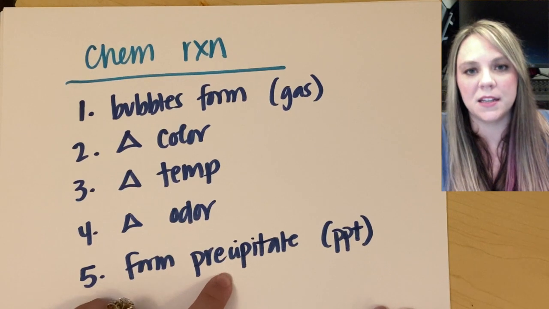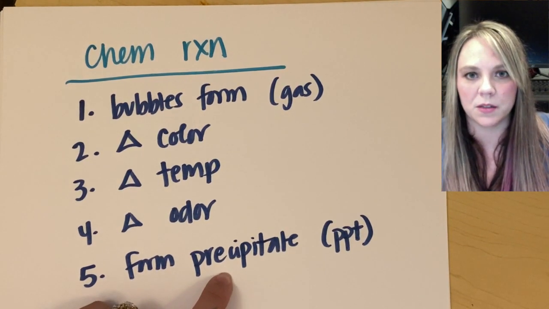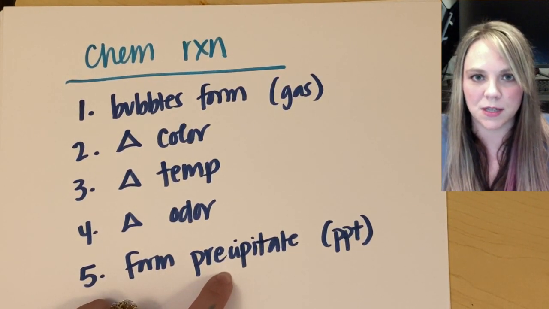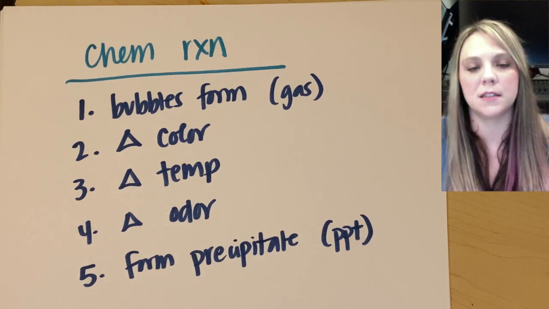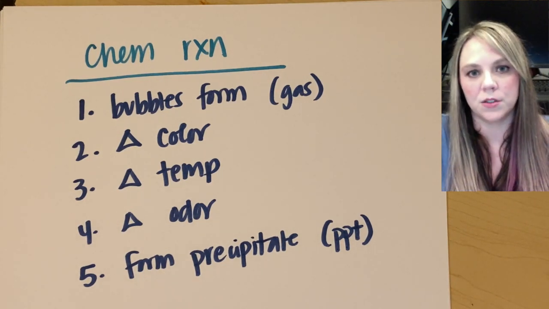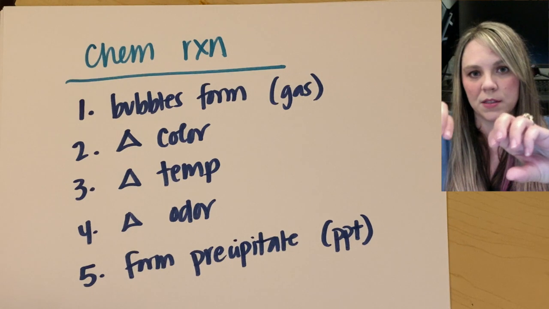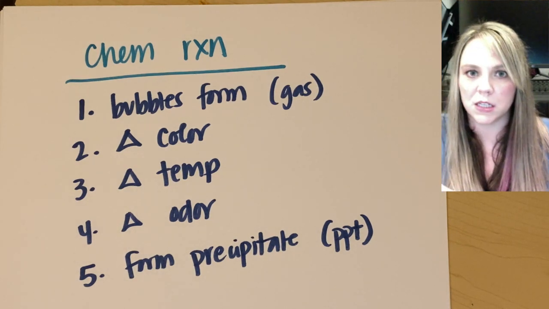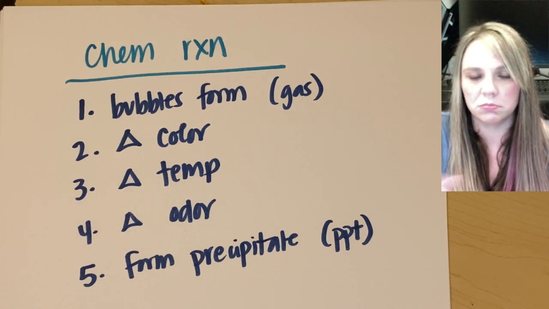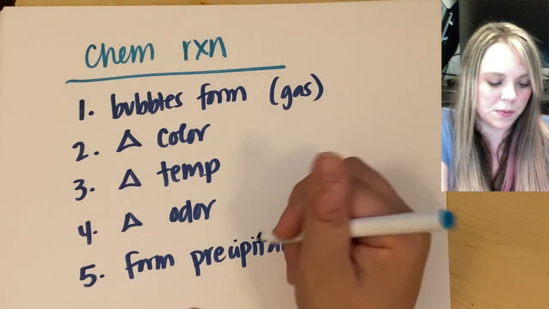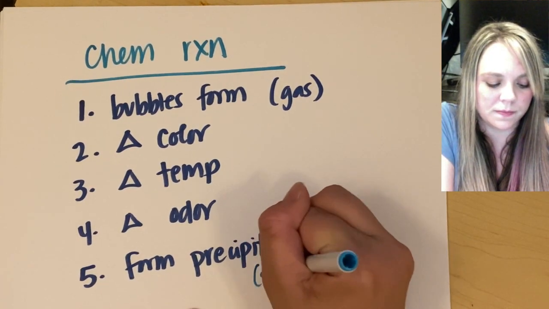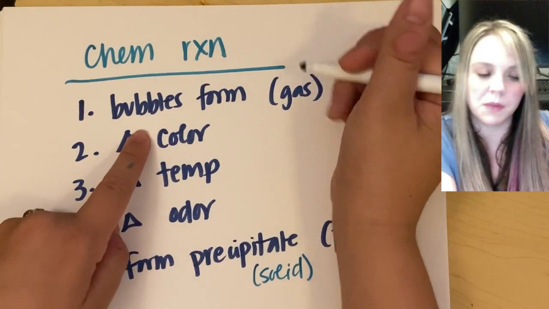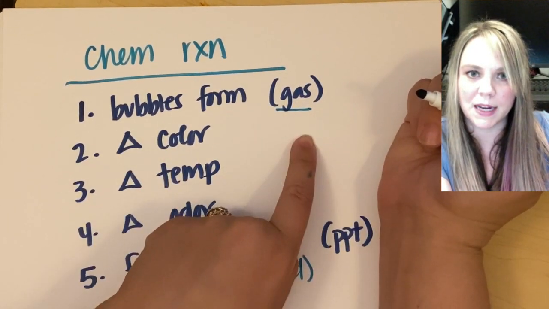What a precipitate is, is not what we think about when you say there's precipitation outside. A precipitate is if you have 2 liquids in lab and you combine them together and then you get a solid in your product. So a precipitate would be you form a solid, versus bubbles forming would be you made a gas.